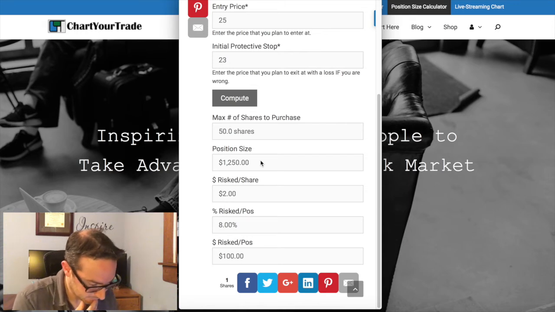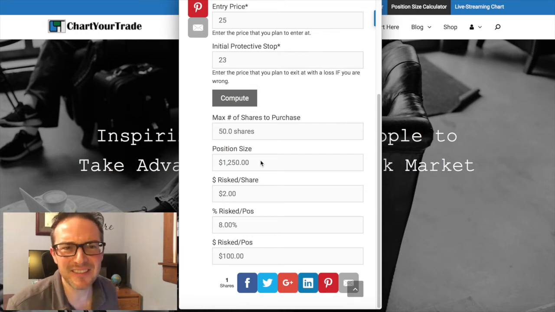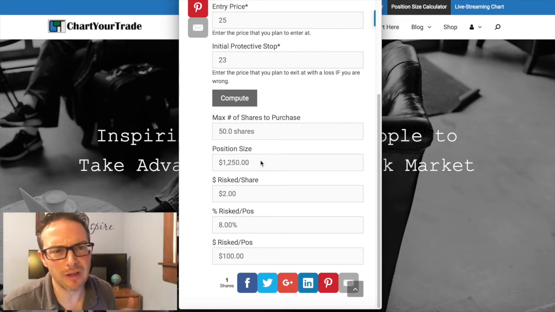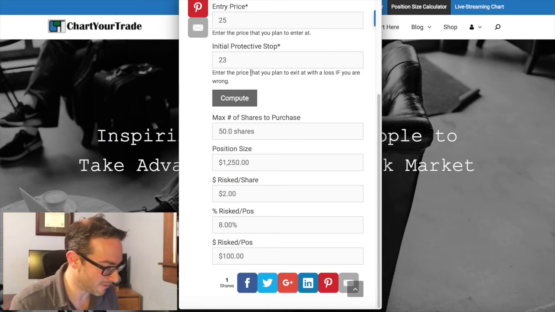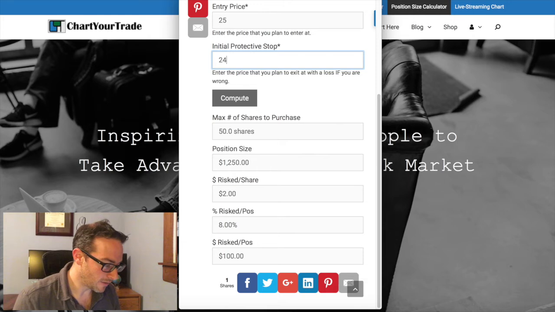So it takes less to get to our target of typically 3R, or 3 times the amount that we've risked. So it's a lot easier to make 12%, let's say.